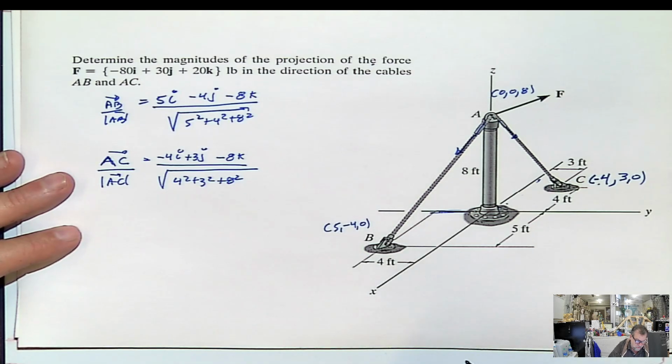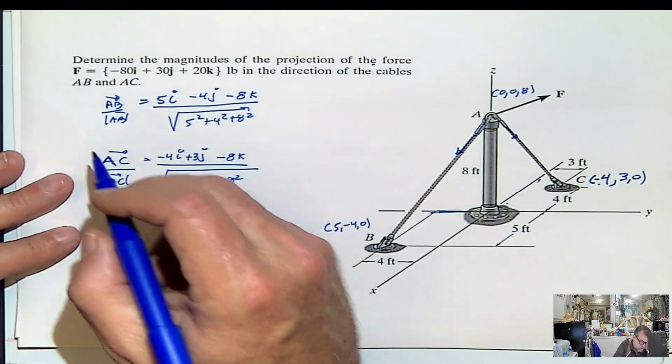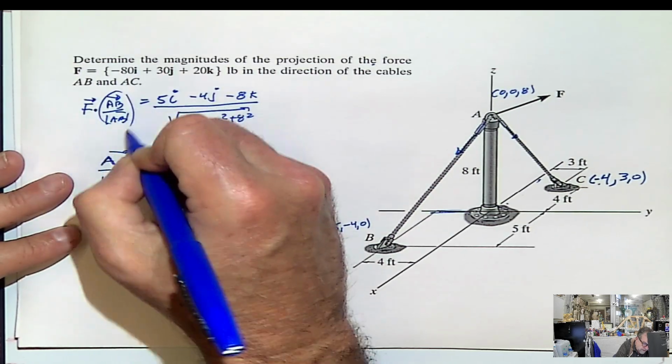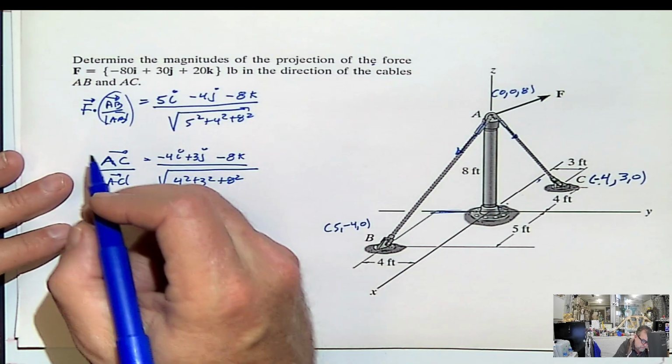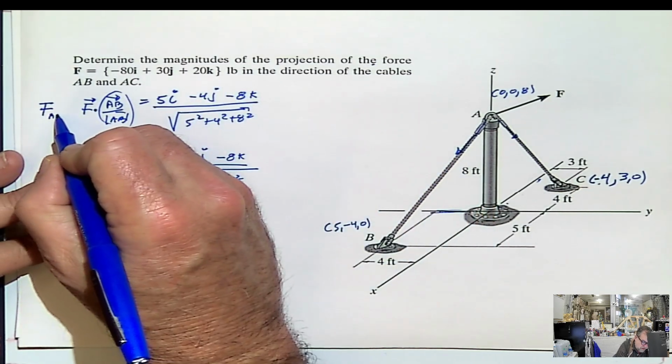If I want to find my result, which is the magnitude of the projection of the force in the direction of the cables, I multiply my force here times this, because this is the unit vector. And that will be the projection of the force over AB.